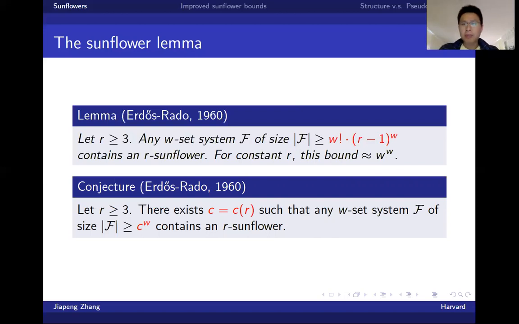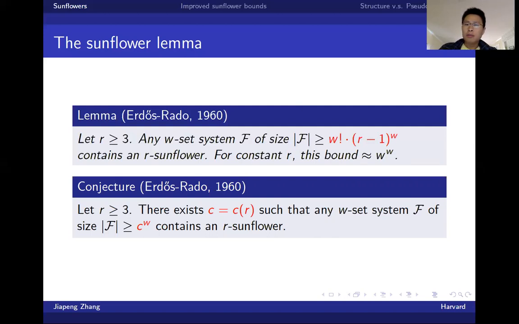The empty set is equal to the empty set, so this is a special sunflower. Pairwise disjoint sets have a nice structure. However, the sunflower structure is something like that: if you fix the common part, which we call the core, the remaining parts are pairwise disjoint.